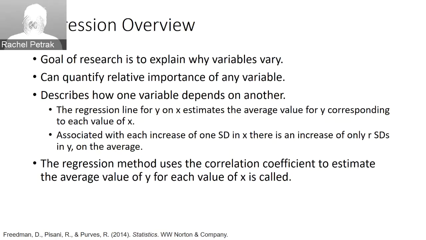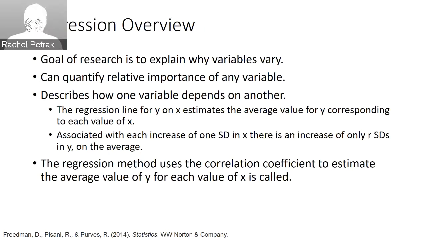Regression enables us to describe how one variable depends on another. Thus, if the regression line is for the outcome variable, the regression line for y on x, estimates the average value of y, the outcome variable, for each corresponding value of the predictor.